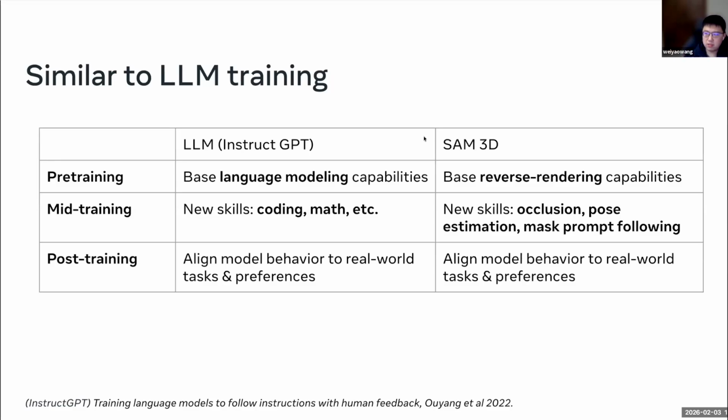SAM 3D is doing something very similar here. The model learns how to handle occlusion, how to place objects, and how to follow masks properly. And then in post-training, this is where LLMs get the magic dust, like alignment, RLHF, or instruction following. SAM 3D also gets this through alignment. The model learns how to behave the way humans prefer and produce the shape and texture that humans like.